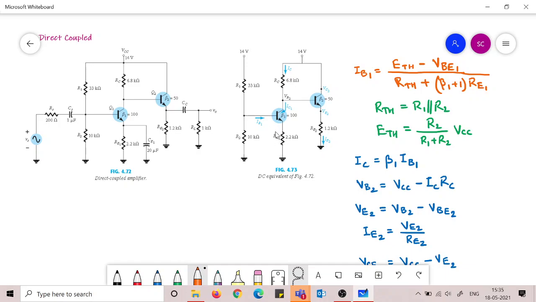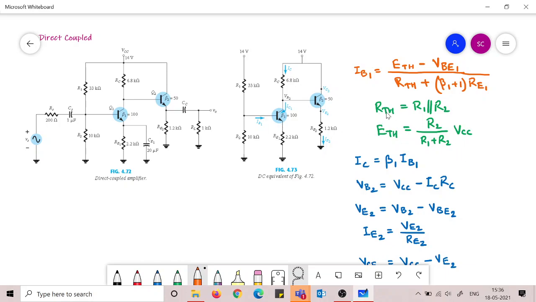Whenever there is an emitter resistance, that emitter resistance appears to the base current as scaled up by beta plus 1 times. This you remember. This is a very important thing that will ease your life a lot. So the emitter resistance appears to the input current to be scaled up by beta plus 1.